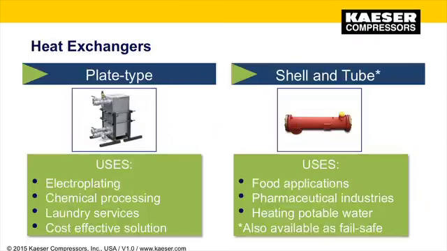Here are two examples of heat exchangers that are being used for hot water heat recovery. The plate type style on the left features a compact and efficient design and offers a cost-effective solution for a lot of applications. The shell and tube style shown on the right can also be ordered as a fail-safe design, whereas there's a double-wall tubing installed that allows for an intermediate fluid to separate the cooling fluid from the process fluid or water.